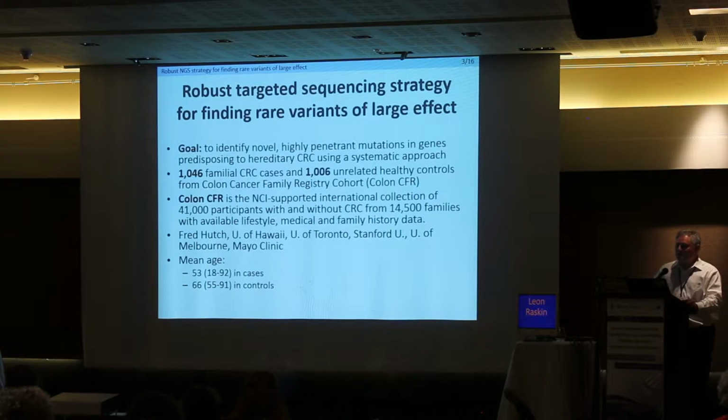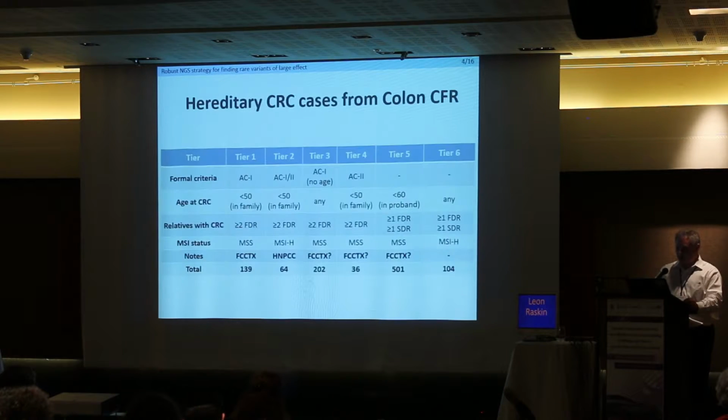The mean age of cases was 53, and the mean age of controls was 66, to adjust for the late onset of colorectal cancer. About 90% of them were White.